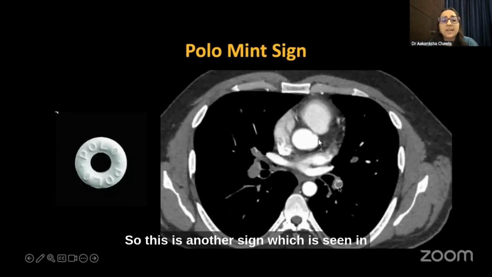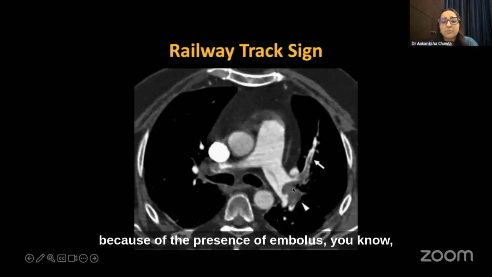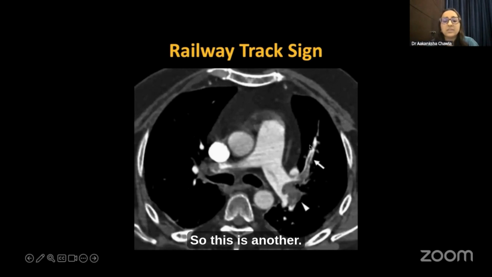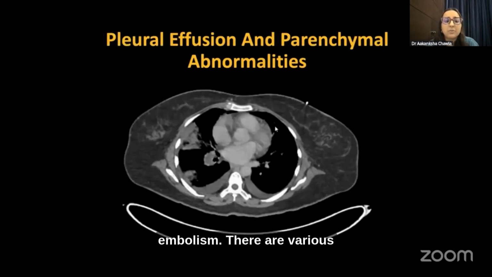So this is another sign which is seen in patients with pulmonary embolism. Railway track sign, because of the presence of embolus, the contrast is flowing on both the sides. So these are signs which are associated and seen in patients with pulmonary embolism.